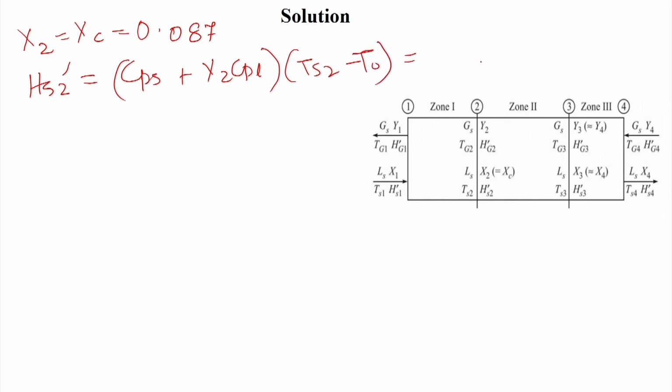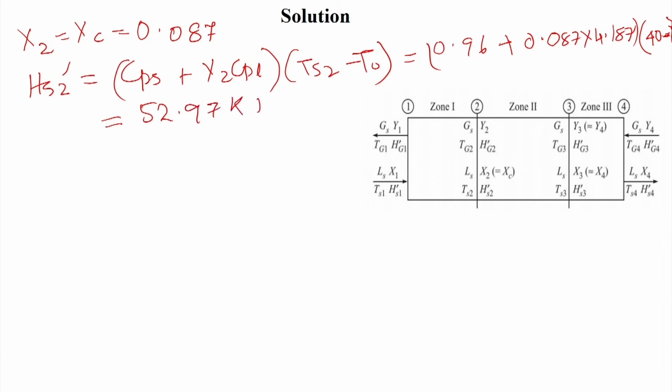That is 0.96 plus x2, which is 0.087, into 4.187 into Ts2, which we assume as 40, minus 0, 40 minus 0. So from here we get Hs2 prime equal to 52.97 kilojoule per kg Kelvin.